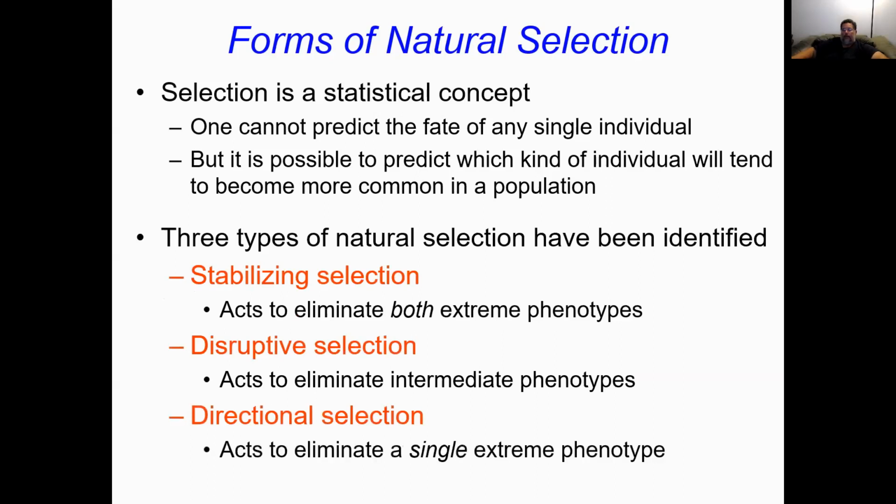So we have some different types of selection. Natural selection thinks about things as a bell curve, a bell shape. What I mean by a bell shape: if I was to measure the individuals in my class or on the human spectrum, we know that the average height is around 5'9" around the world.